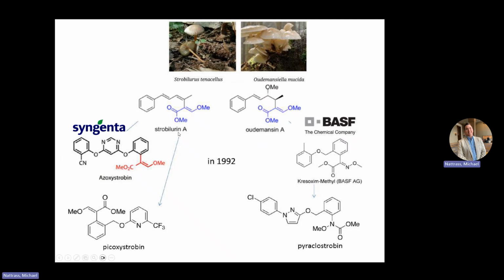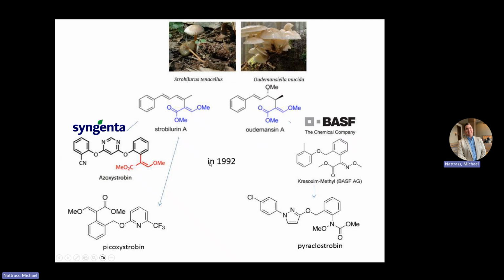All right, and so there are going to be different chemical structures. Once they found out that they've isolated these from these mushrooms, they can then synthetically make these compounds, and each different company is going to have their own compound that is going to affect something in some way, shape, or form.